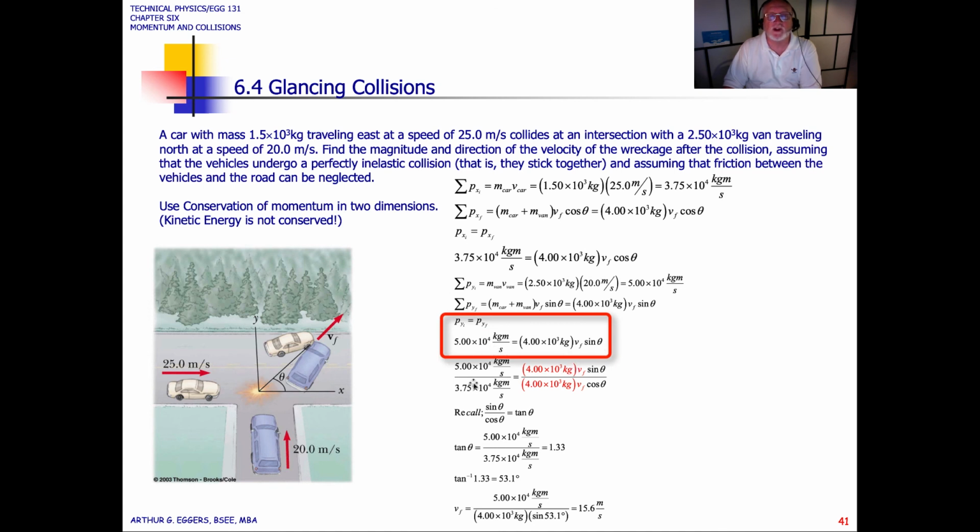And when we set them equal to each other, we get this expression. Now we're going to create a ratio or a relationship between the two. So you notice we've got a fraction now, with the x terms in the denominator and the y terms in the numerator. On one side we've got values we can deal with, and on the other side the same thing, except we've got a sine and a cosine.